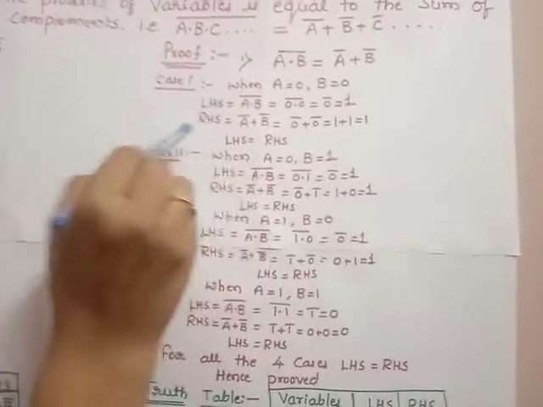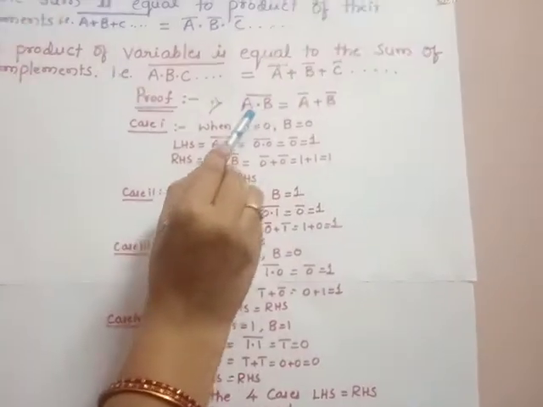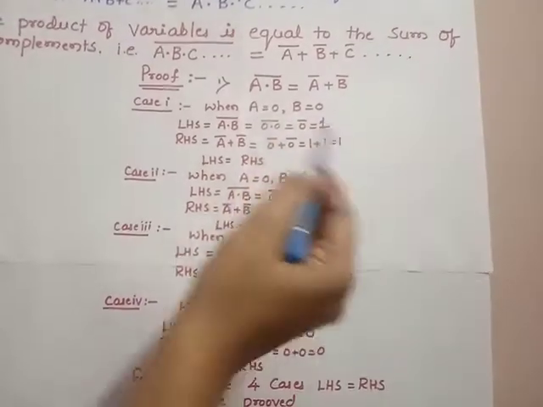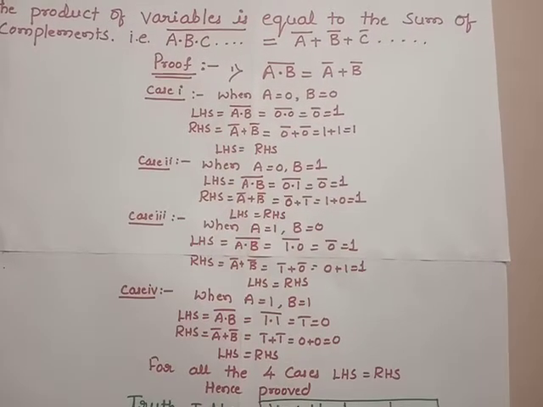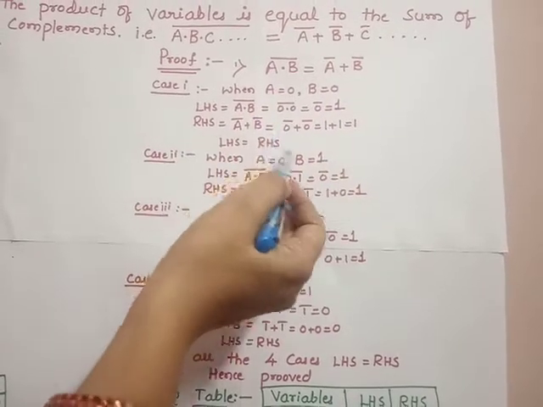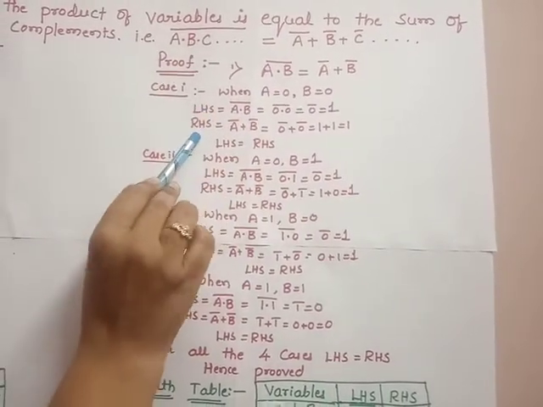Similarly, we will prove the second statement. Second statement is nothing but complement of the product is equal to sum of their individual complements. Here also we have to substitute all the possible values of a and b in LHS as well as in RHS.